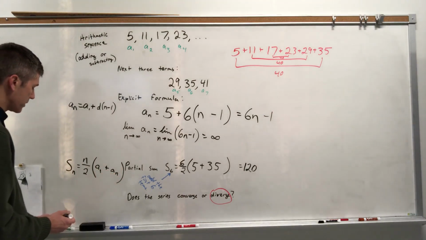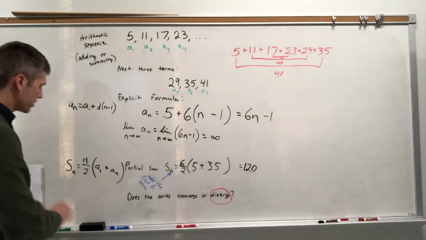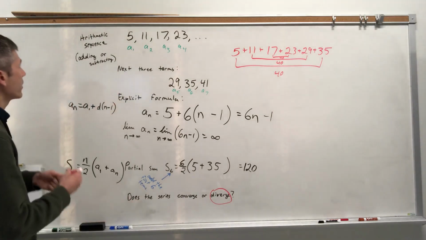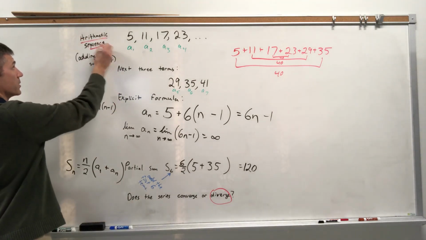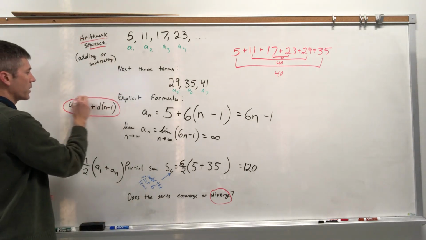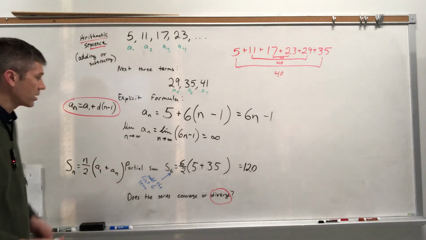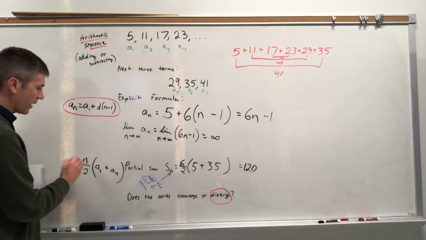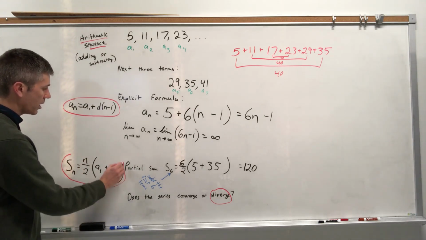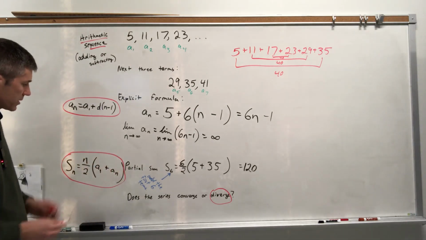So the formulas that are good to know but are not necessarily required for an arithmetic sequence are this. For an explicit formula, if I said, give me the explicit formula, take me directly to a term, that would be it. And if I needed the sum of a certain number of terms in a list, I would do that.